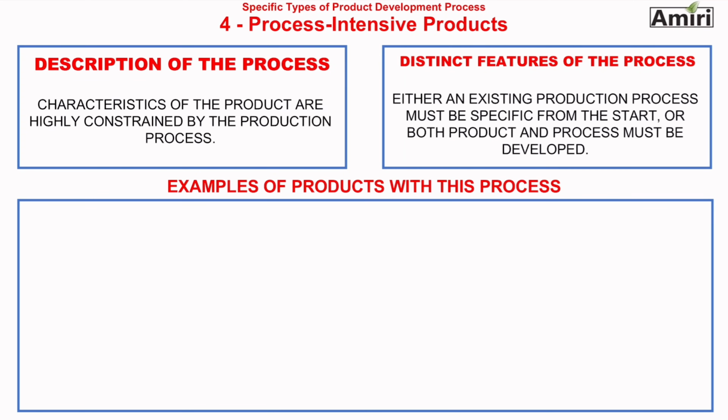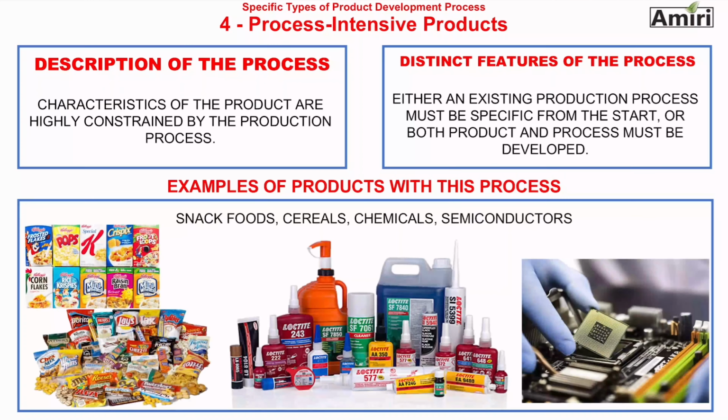That's the distinguishing feature of this type. A good example would be snack foods, cereals, chemicals, semiconductors. The way these products are made defines their characteristics, and manufacturers work within those constraints to develop new products.